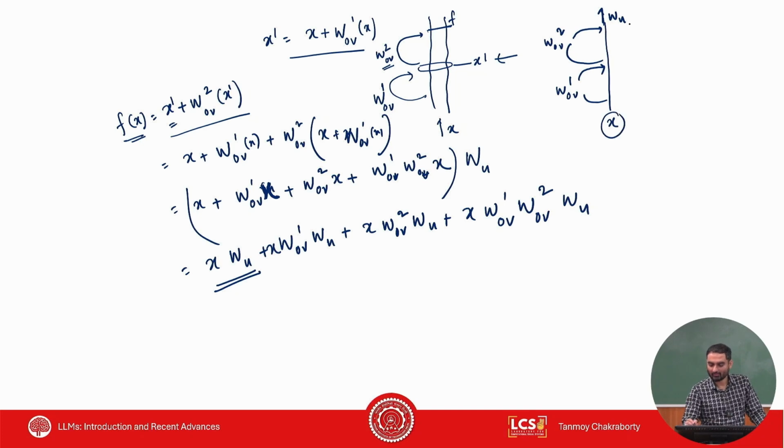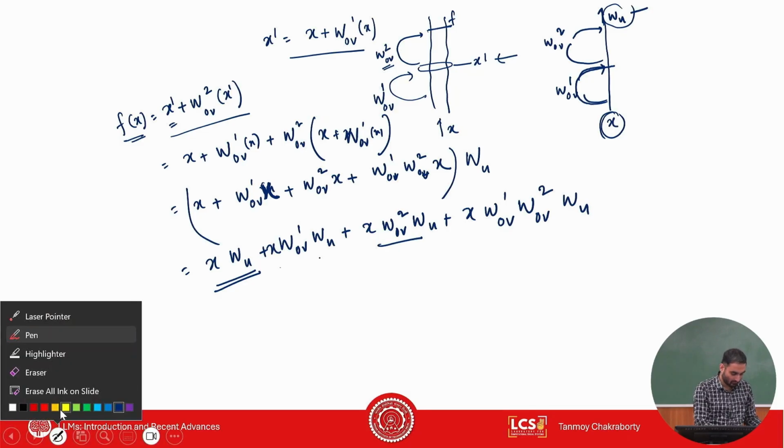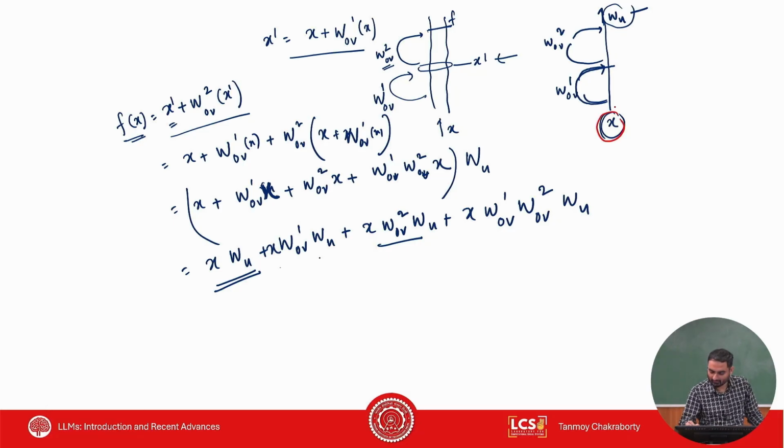Input has been multiplied with the unembedding layer. What is the second component? The input has gone through WOV1 and then WU. What is the third one? Input, which has not gone through this, has gone through WOV2 and then WU. What is the fourth one? The fourth one is X, which has gone through WOV1, then WOV2, then WU.